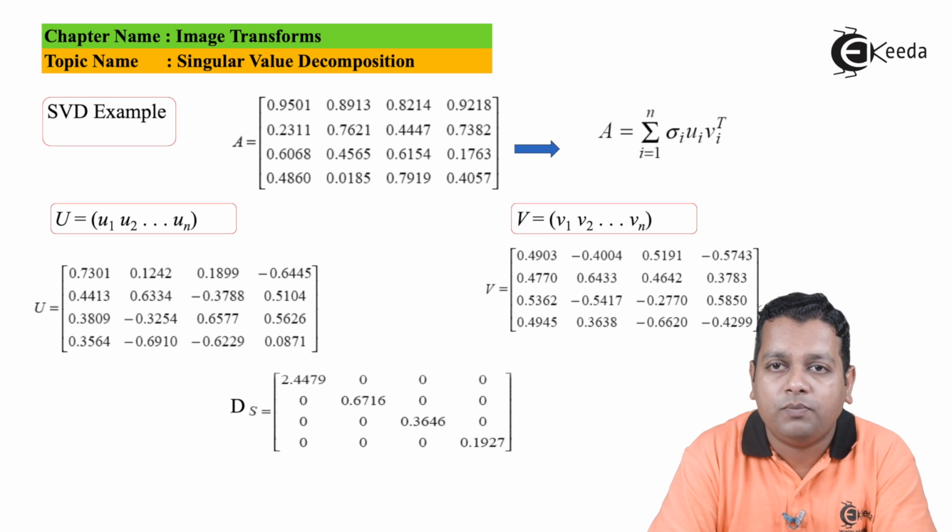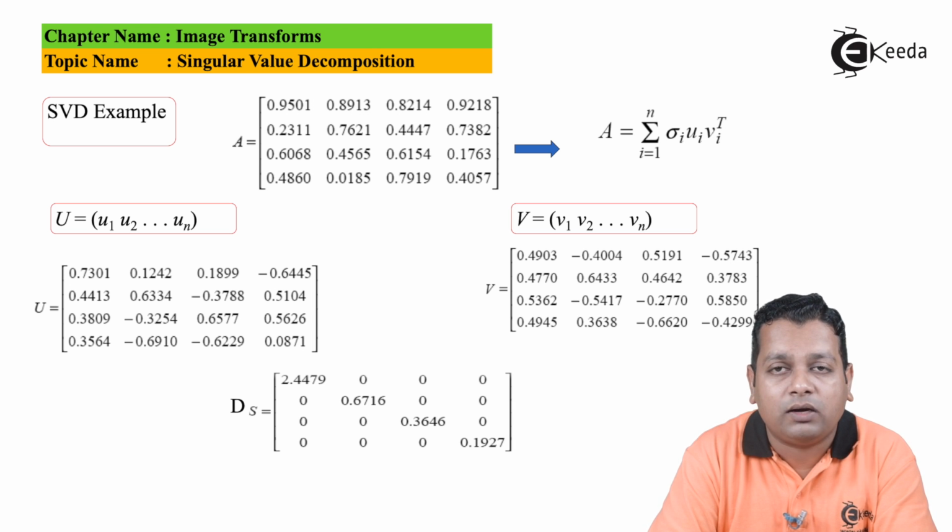In terms of coefficients, the ith coefficient out of 1 to n can be addressed with this formula. Upon having the singular value decomposition, the first matrix U, for the given matrix A, can be obtained as a collection of U1 to Un. Next, the V matrix, V1 to Vn, can be found with this representation.